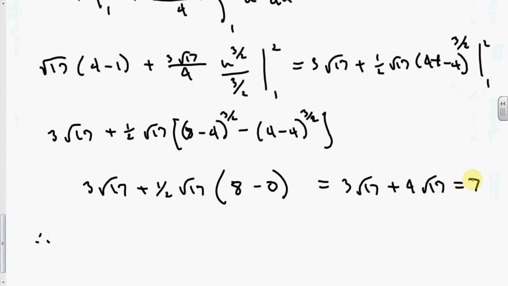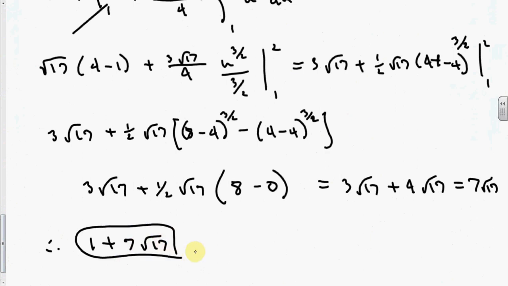This is just 7 times the square root of 17. So we conclude, well, that doesn't look good. Therefore, this is 1 plus 7 times the square root of 17.